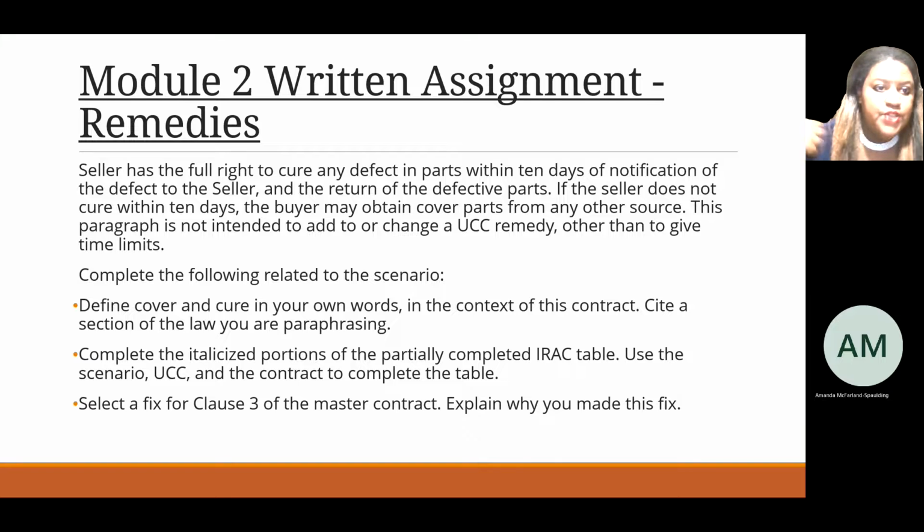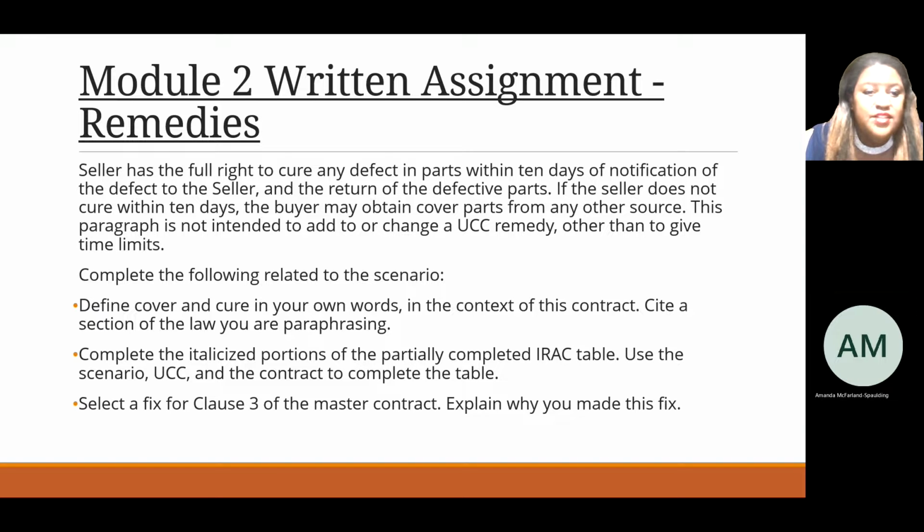The contract says the seller has the full right to cure any defects in parts within 10 days of notification of the defect to the seller, and the return of the defective parts. If the seller does not cure within 10 days, the buyer may obtain cover parts from any other source. This paragraph of the contract is not intended to add or change a UCC remedy other than to give time limits. So that's a provision in the contract that's very standard.